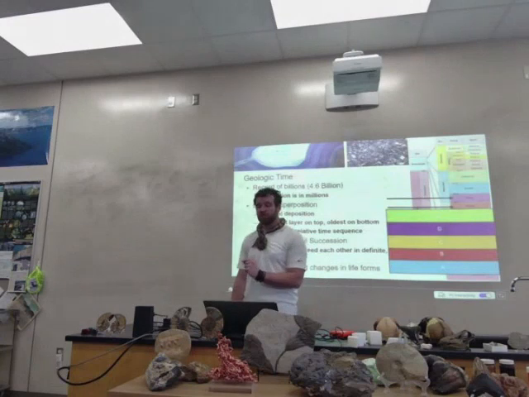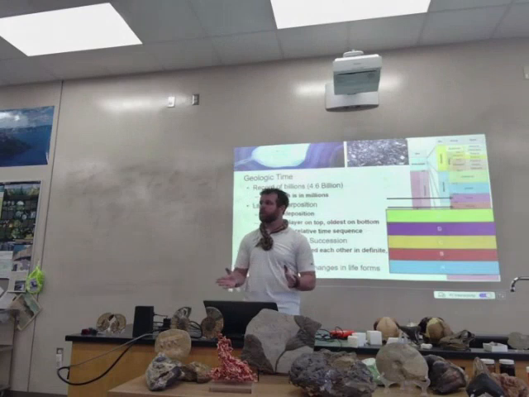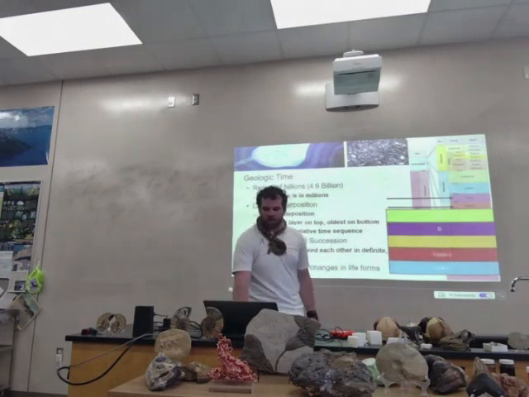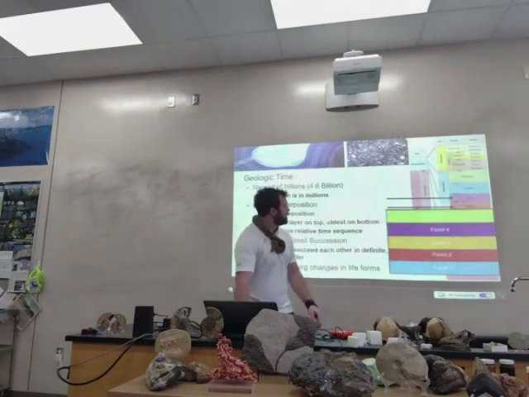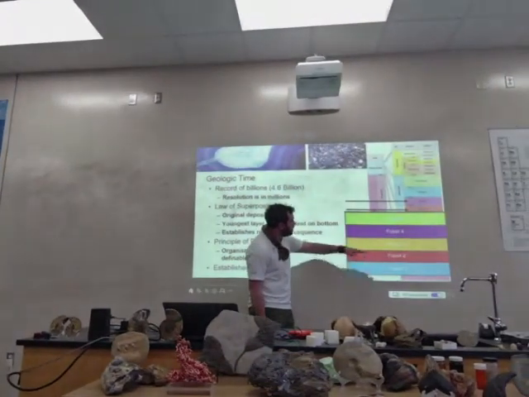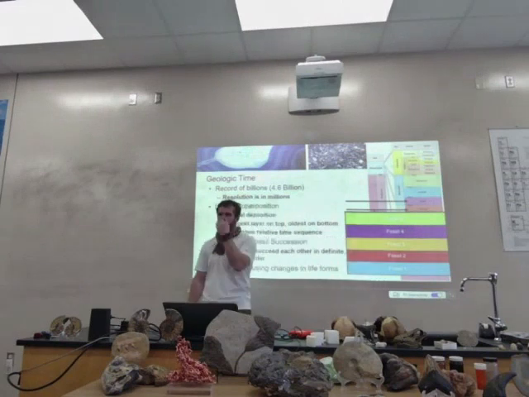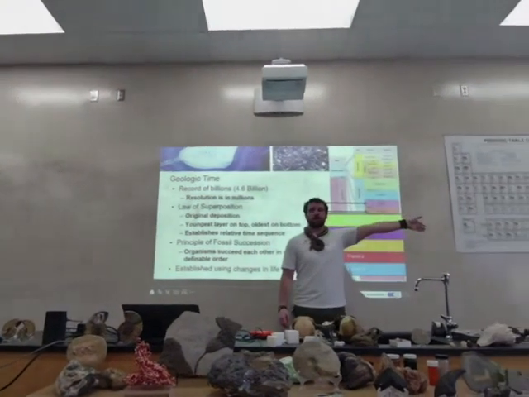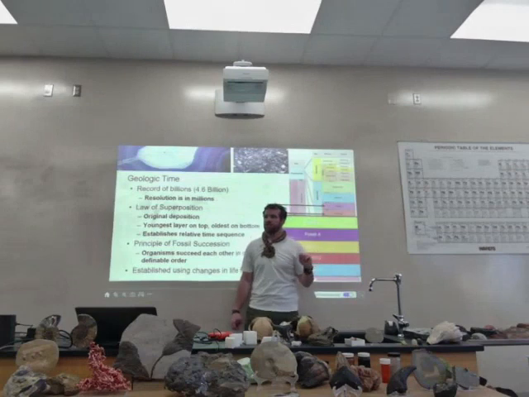Fossil succession is similar, but more applicable across further area. Let me give you an example. Here we have fossil 1, fossil 2, fossil 3, fossil 4, fossil 5, yada, yada. If fossil 1 is unique only to that layer, and fossil 2 is unique only to that layer, and so on and so forth, you have unique fossils you can identify in each different layer, then that means I can go 100 miles away from this location, and I can go down through the rock until I find a certain layer.